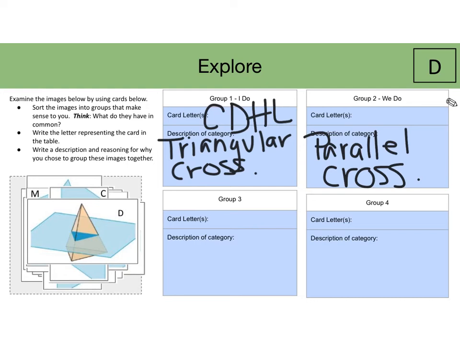Additionally, they can do it from the other shape, which is the cross section being a quadrilateral, or they can say what type of figure it was. So if it's a rectangular prism, a triangle-based pyramid, a square-based pyramid, or a triangular prism.